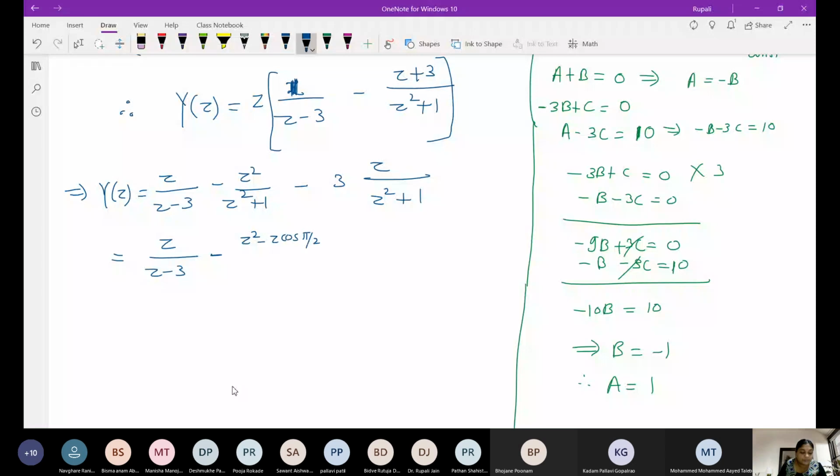What is cos pi by 2? 0. So since it is 0 only, z square plus 1 I can rewrite like z square minus 2z cos pi by 2.